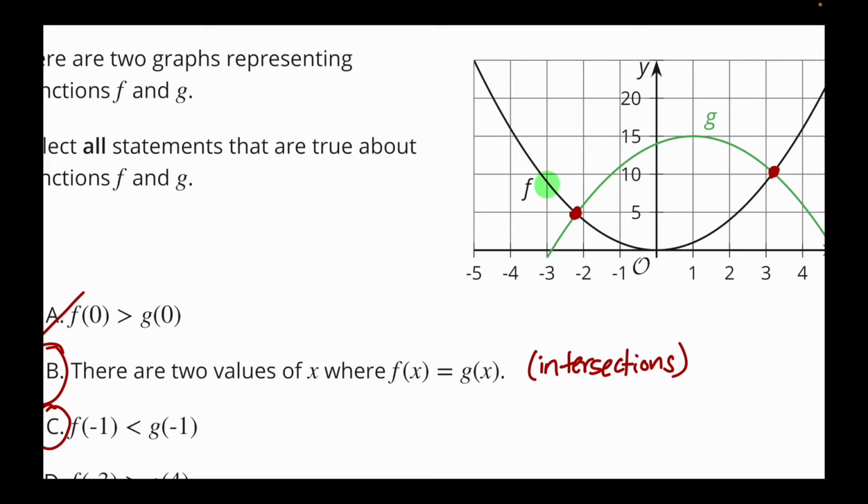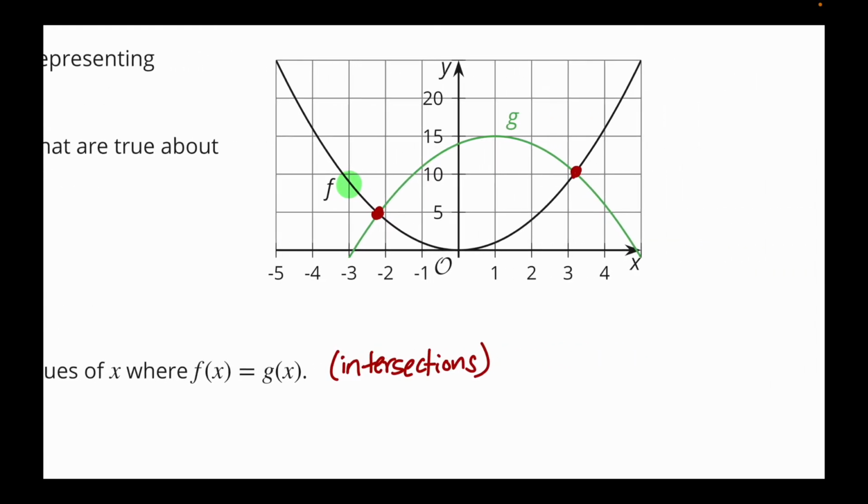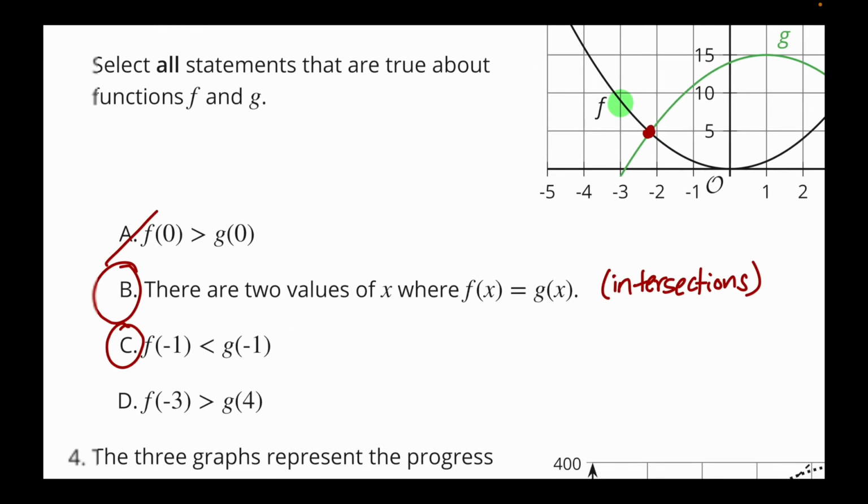And then the value of g at positive 4 is right over here. So it's the green one. And yeah, f is definitely higher up. They're still both between 5 and 10, but f is definitely greater. And that's what this says, so this is also true. So it is B, C, and D for this question.